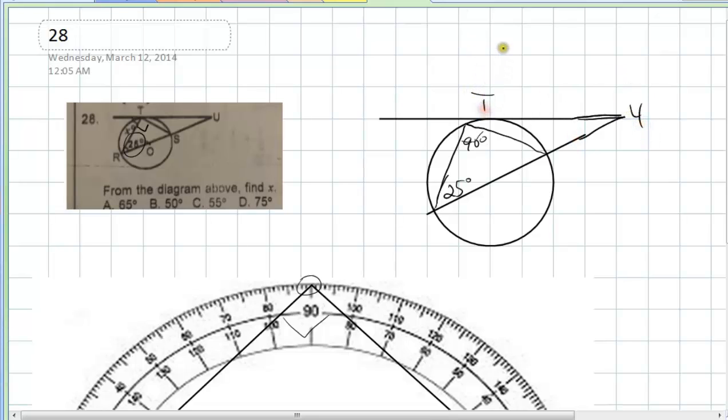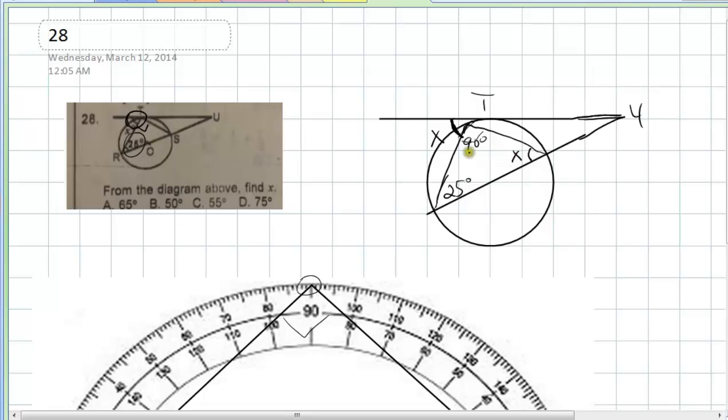important. The point that I'm trying to make here is that the x that they want is involving right here. And technically this meets up with line TU, right there. And so as it turns out, because TU is tangent to this circle, this angle is also x.